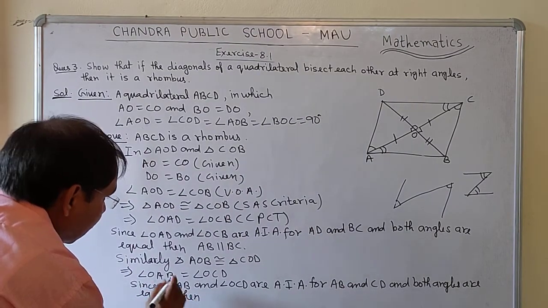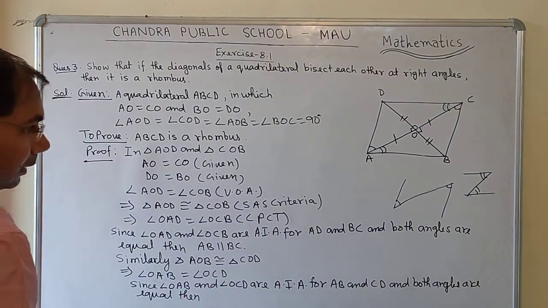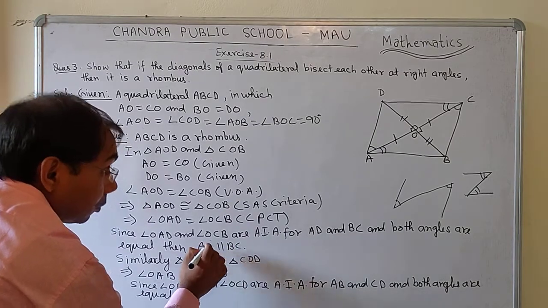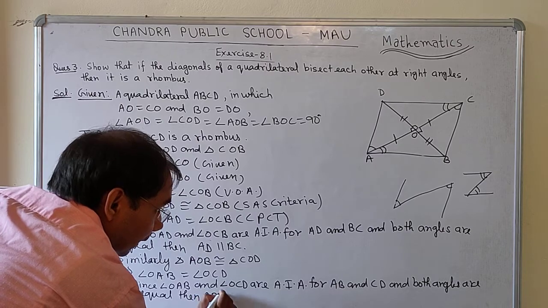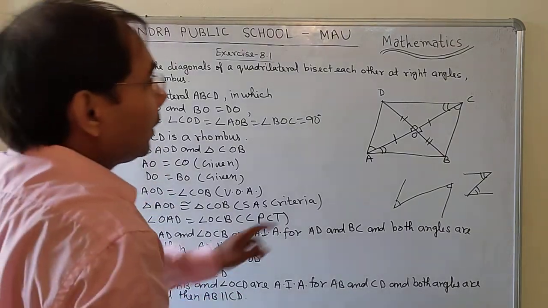Then you can write AB parallel to CD. Here it should be AD, and by mistake I have written AB. It should be AD. So then AD parallel to BC, and AB parallel to CD.